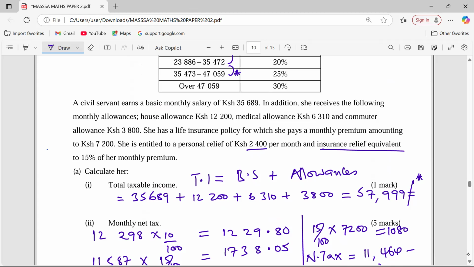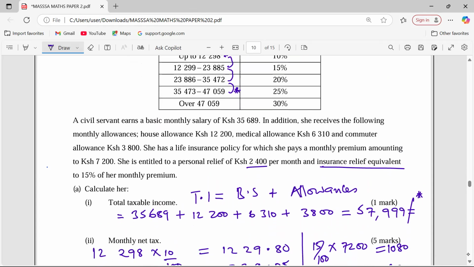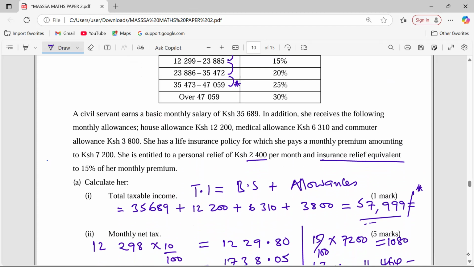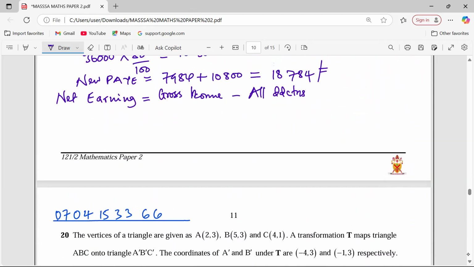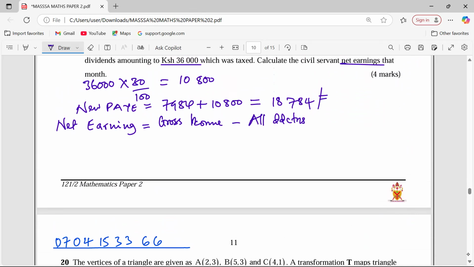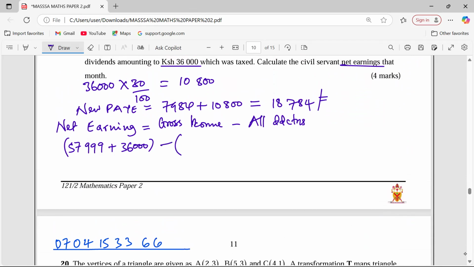We were already having the taxable income, 57,999, and we add 36,000 from dividends. That is now the gross income. Then we subtract all deductions.